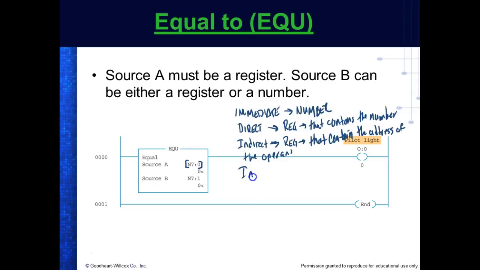And then the last one that they talked about is index, and this is the one that's a little harder to understand. Ron, look that up. Indirect specifies the register that contains the address of the register that contains the operand. If we had brackets around it, that means N7 doesn't have the operand. N7 has the address of where it might have that.